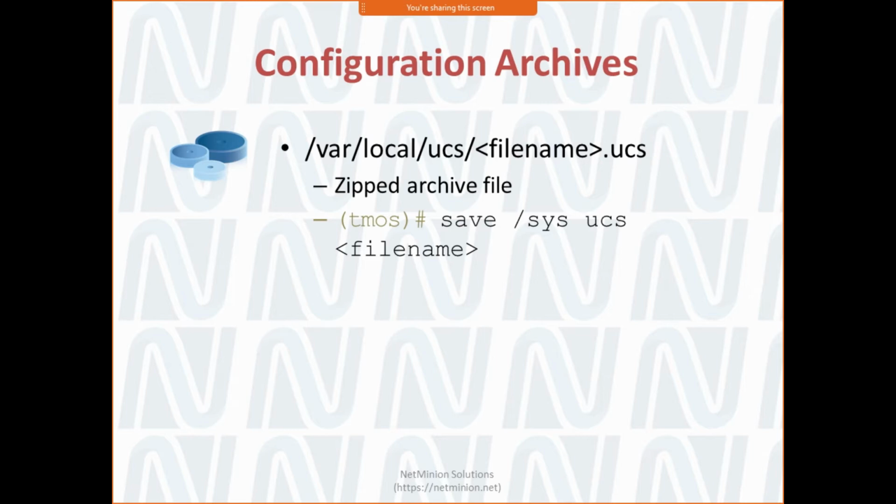Then this is your configuration archives. Like I told you earlier, if you want to save your UCS file, the UCS is your user configuration set, an archive file. There are two files. One is SCF, the single configuration file. That file is a flat text file that contains all of the objects that compose the BIG-IP configuration.